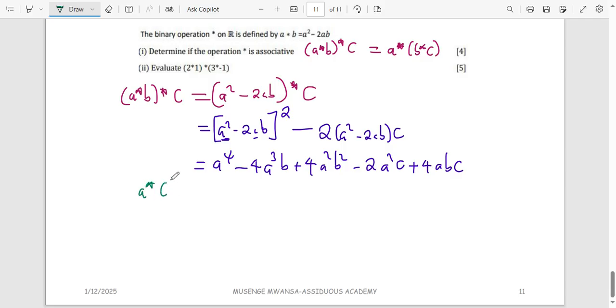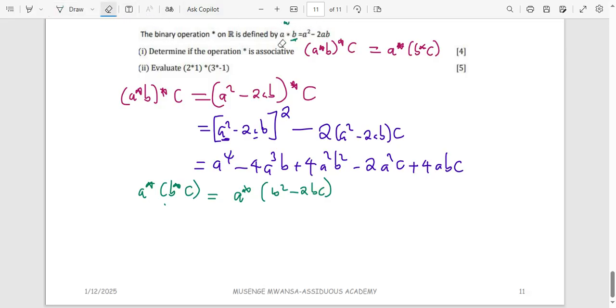We write A alone and then we do the B star C. Let's work out first B star C. The meaning is that where there is A, we'll be substituting B. Where there is B, we'll be substituting C. So that is going to become B squared minus 2BC, because where there is A, we're substituting B, and where there is B, we're putting C.